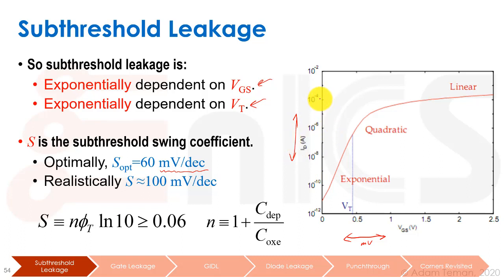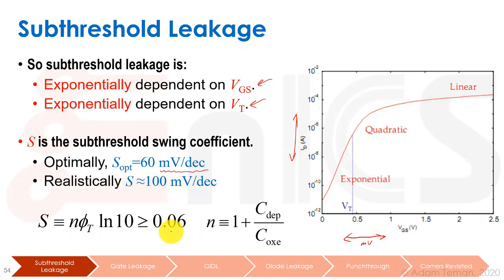Okay, so as you see, since this is a logarithmic scale, this is 10 to the minus 4, 10 to the minus 5, 10 to the minus 6, etc. And our optimal S comes out, as we can see here, if we do n kT/q ln 10, if n equals 1, it comes out to 60 millivolts.